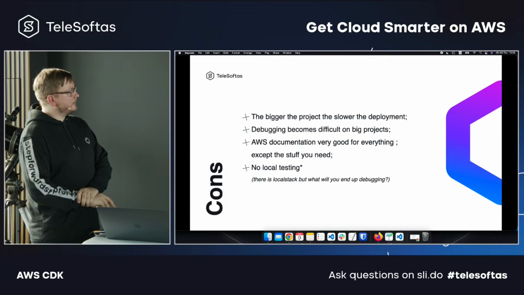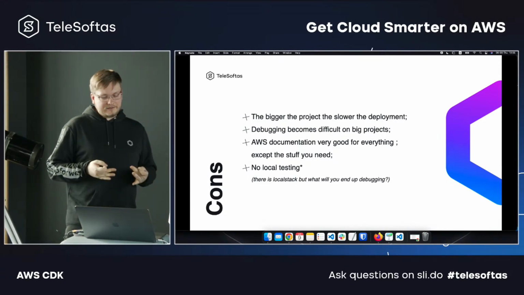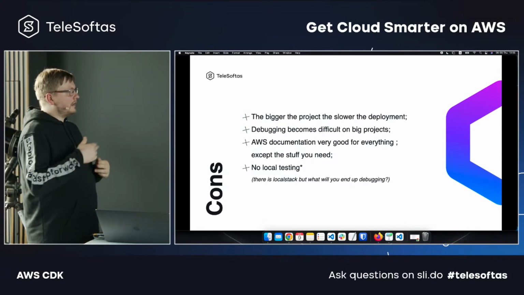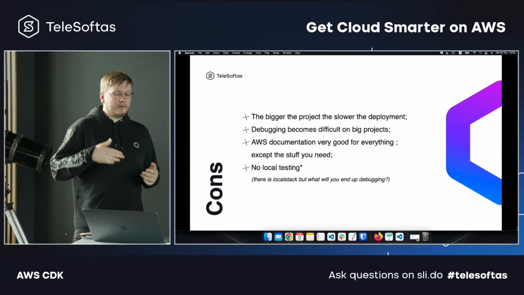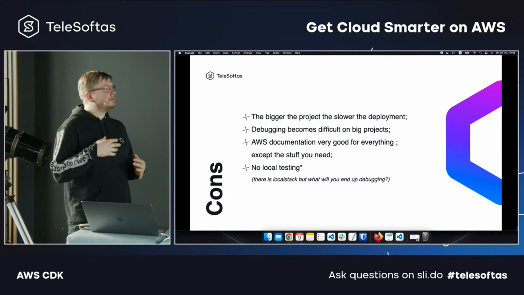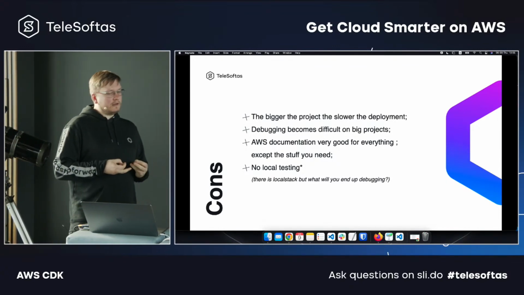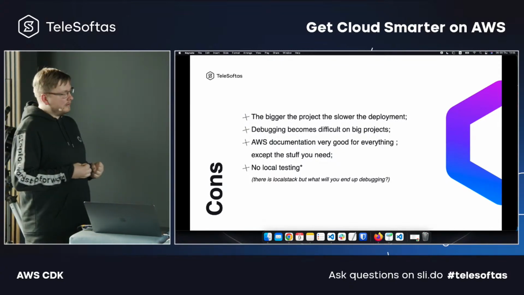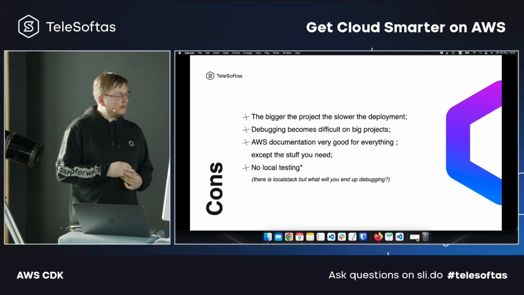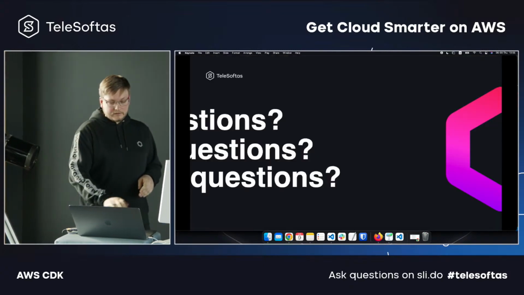But the no local testing thing is actually a pretty big negative, because I feel like that instant feedback loop of being able to try something within a minute is really important when making new things. But with this, you really lose that, and I wish that it wasn't the case, but it is. And yeah, so cool. And that's it.